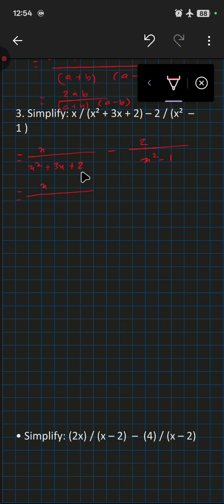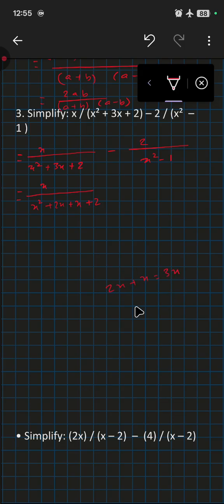Now first into last, when you do, you will get plus 2x square. So by adding you have to bring 3, and by multiplying 2. So this is 2x plus x. When we add 2x plus x, it comes 3x.